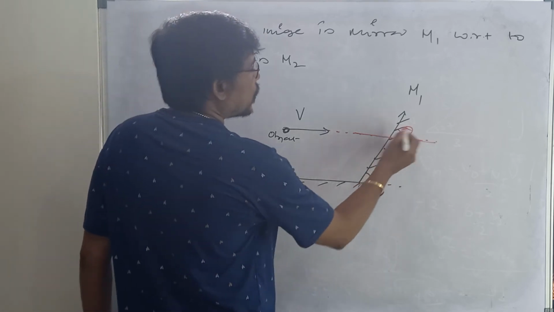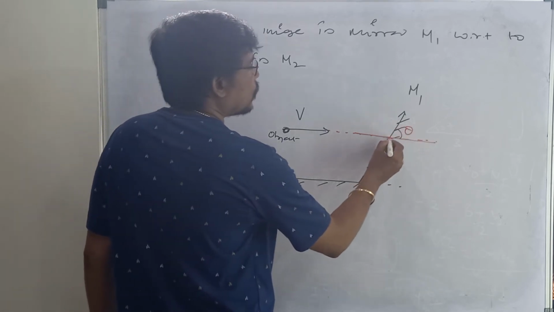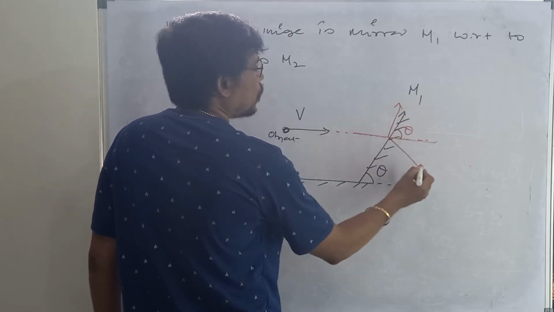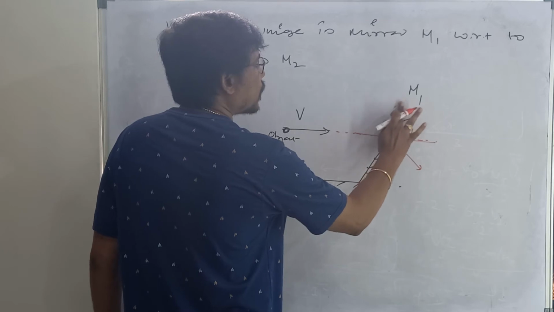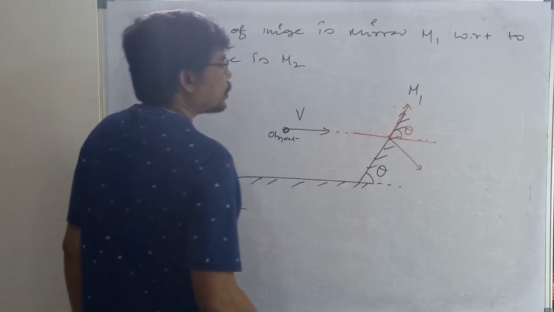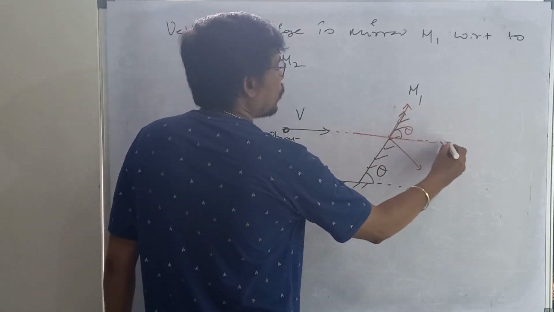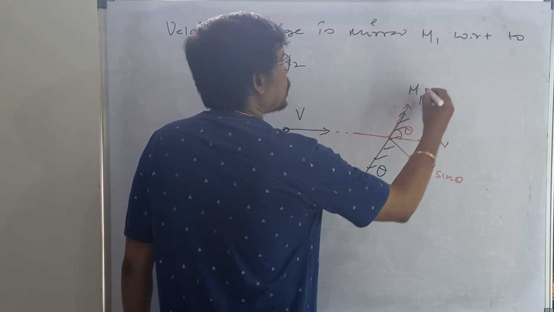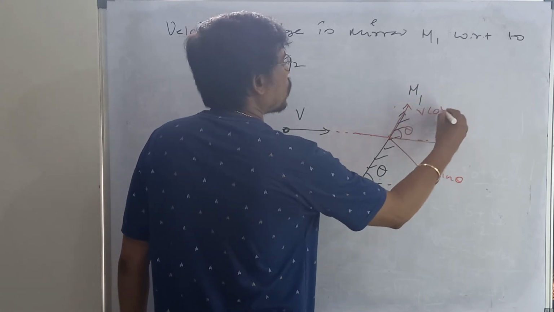Now resolve these components. So this is v, of course this is v sin theta and this is v cos theta, right?